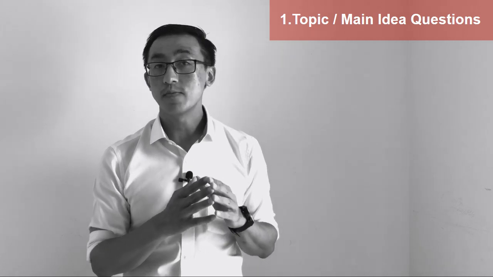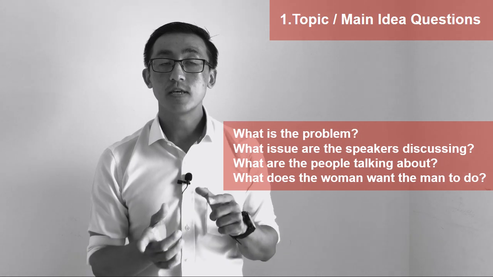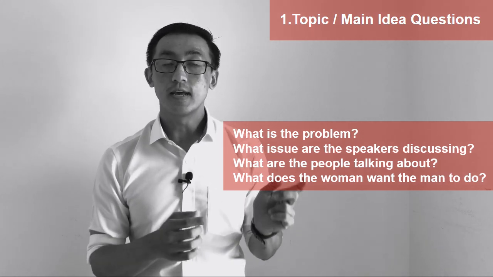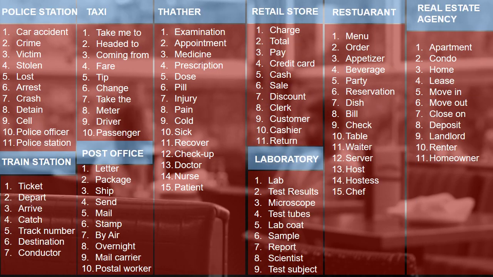You can see some examples of main idea questions on your screen. After this one, I will also put some vocabulary clues in the next slide. In the following 2 slides, you will see some vocabulary related to warehouse, office, doctor's office, bank, airport, hotel, police station, taxi, theater, retail store, restaurant, real estate agency, train station, post office, and a laboratory.